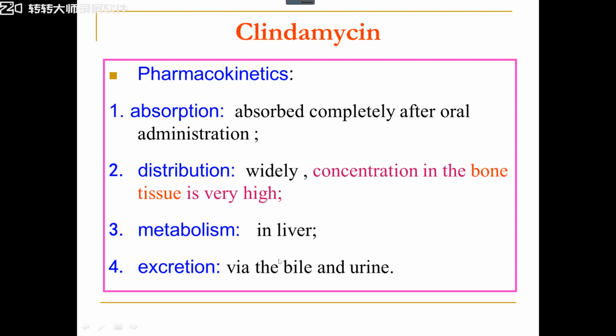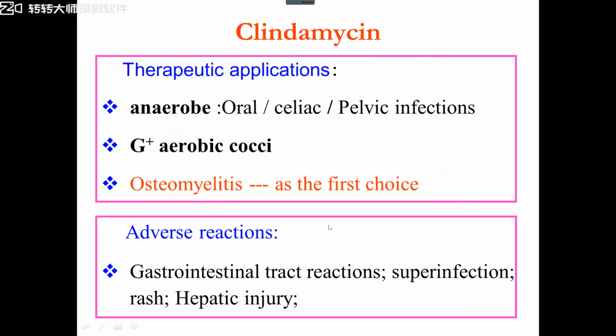Metabolized in the liver, excretion in the urine or bile. Clindamycin and lincomycin can inhibit some anaerobic and gram-positive aerobic cocci and bacillus. Here is the major clinical use: they are mainly used to treat osteomyelitis, as the first choice agents.